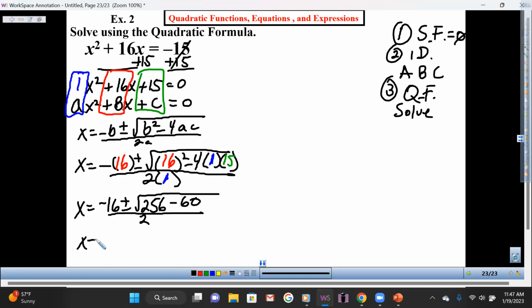Oh, yeah, I got this. Negative 16 plus minus 256 minus 60. That's 196 over 2. I'm going to go this one since I'm running out of space. I'm going to write negative 16 plus minus. What is square root of 196?